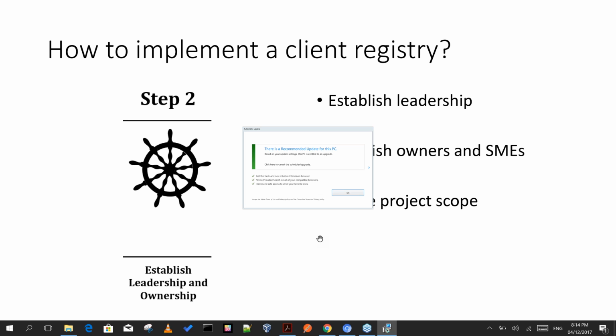Okay, so next would be establishing leadership and ownership. So first we must establish the leadership. We have to form an SLG, or stakeholder leadership group. This group will be composed of effective leaders.